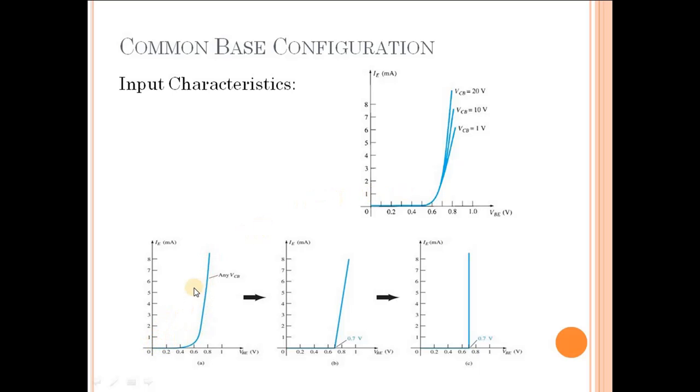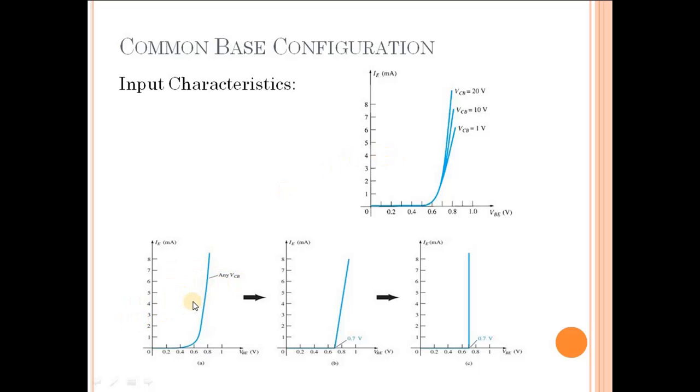Obviously this is not accurate but an approximate way of representing the input characteristics, IE varying with VBE for different values of VCB. It is approximate but makes calculations simpler.